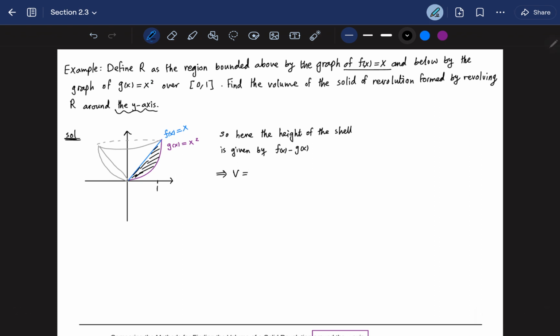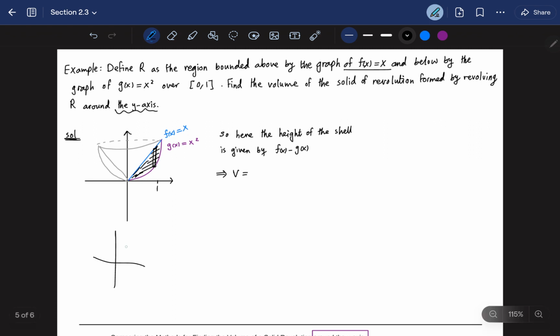Functions in terms of x revolving around y, so we have to have a cylindrical shell. So the only difference here is, since I have two functions, my height is not going to be just f, because if you take a rectangle here, we're going to have delta x as my width, but the height here is going to be the difference between f minus g.